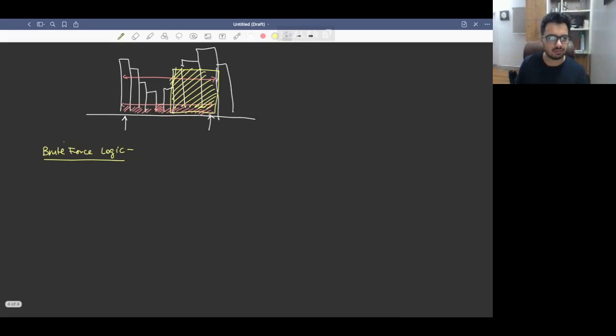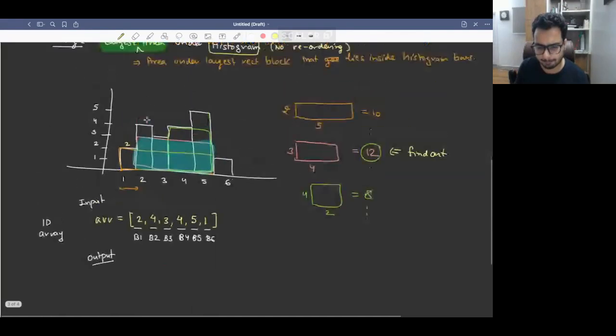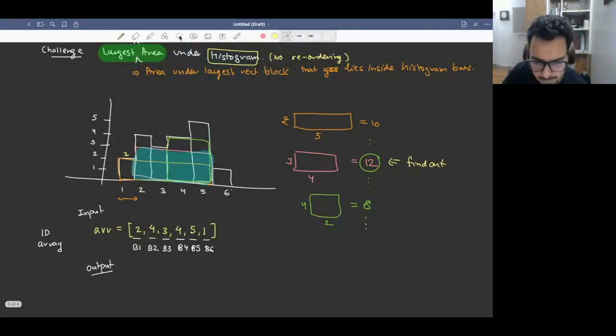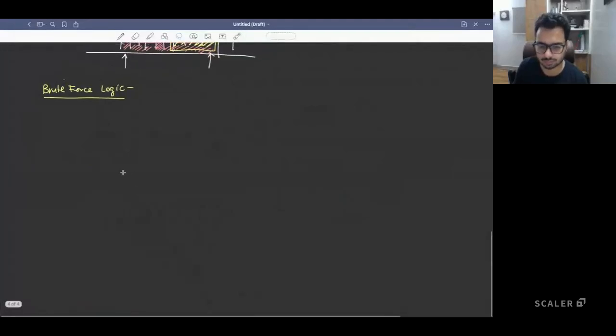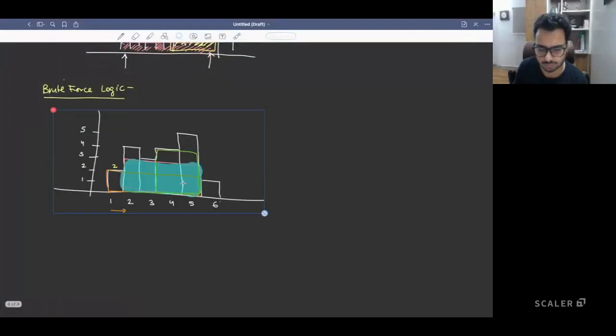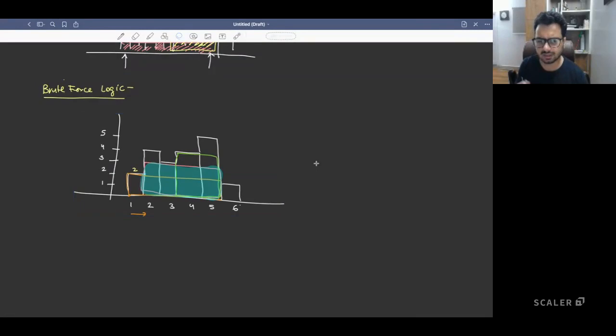For that, I will again need the previous diagram. Okay, let us just talk about the brute force logic.